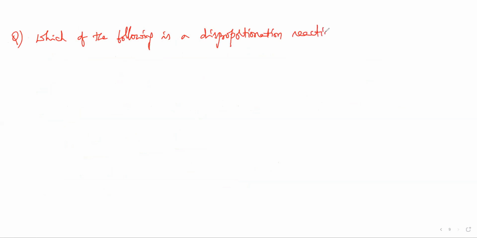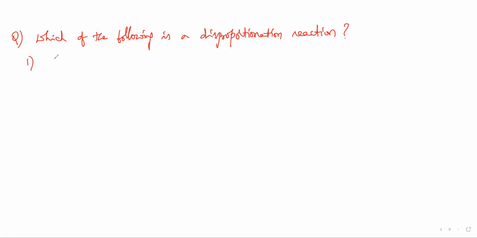Which of the following is a disproportionation reaction?